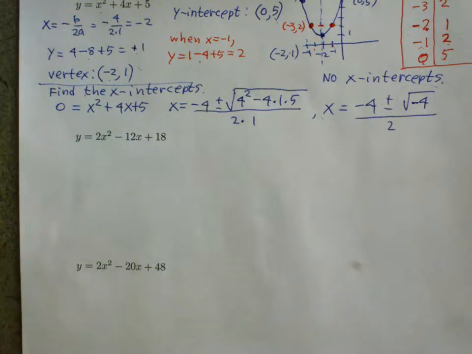Okay, let's try the next one. y equals 2x squared minus 12x plus 18.